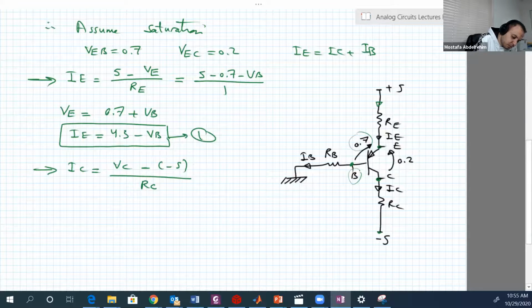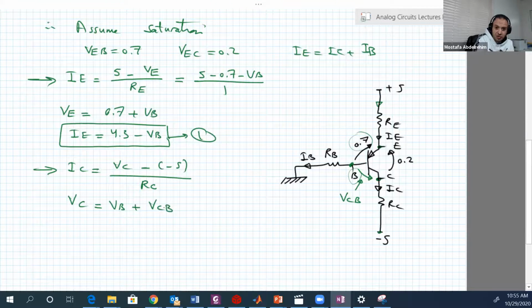VC is equal to VB plus this voltage, which is VCB. But we don't know this voltage. But we know VEB and we know VEC. So let's do this trick.